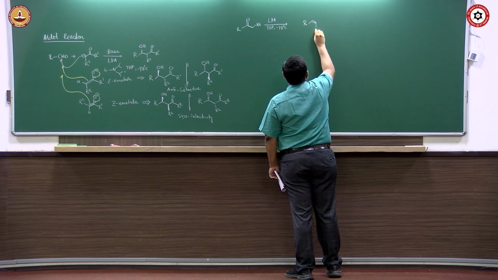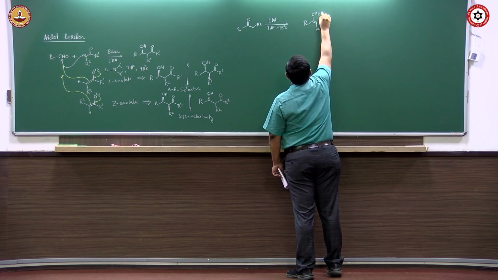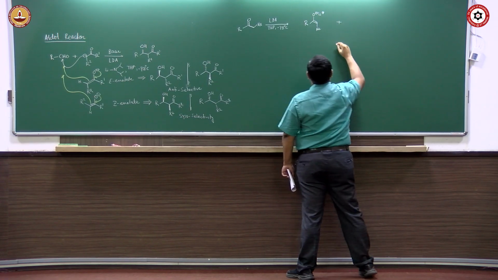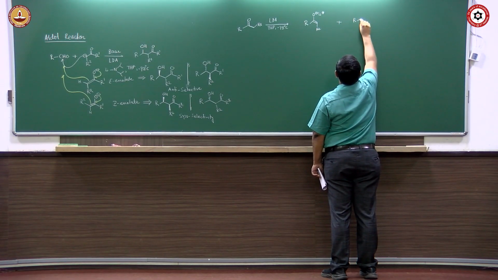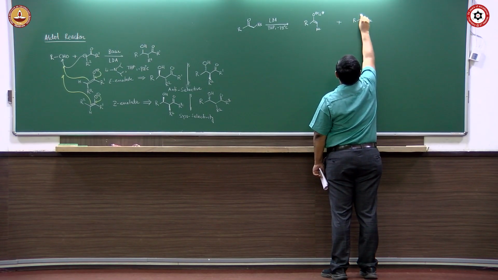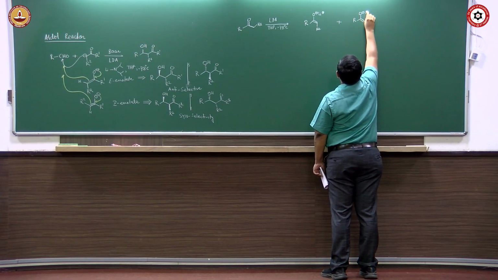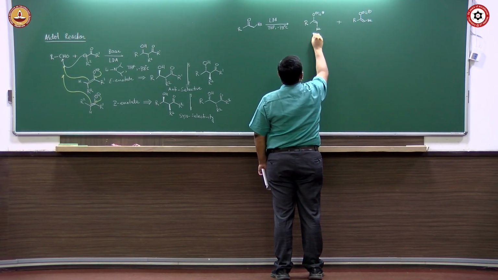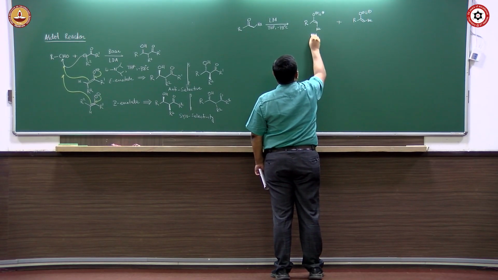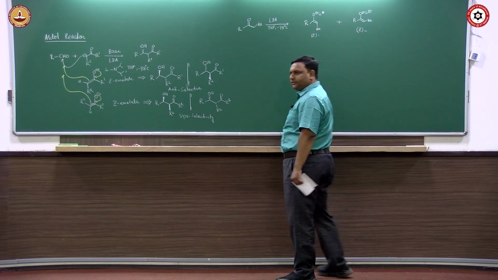In one case we get O minus, lithium plus, and in the other case we get this. So this, I can say, is an E enolate and this, I can say, is a Z enolate.